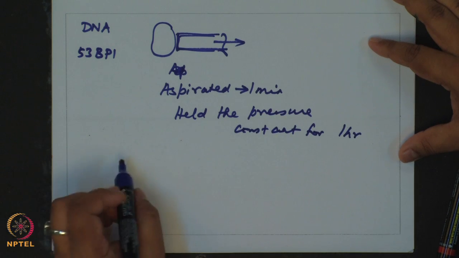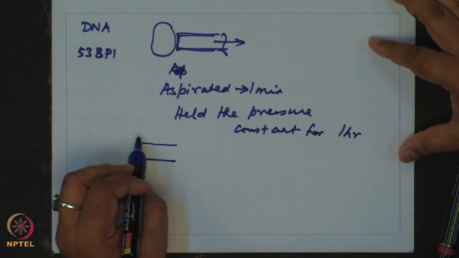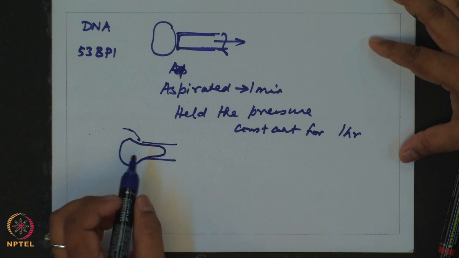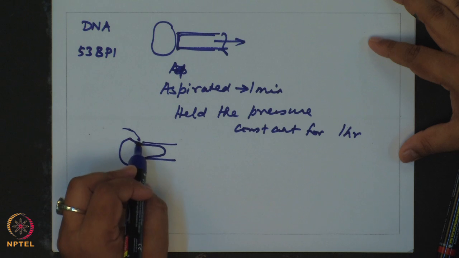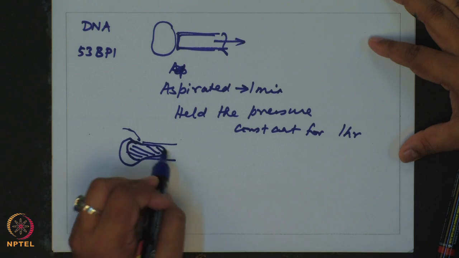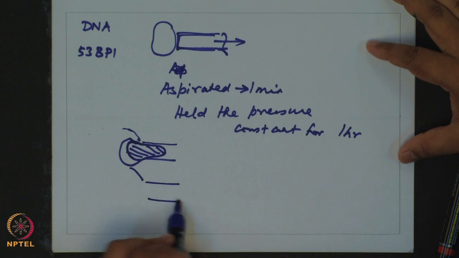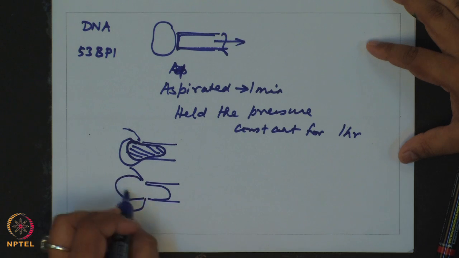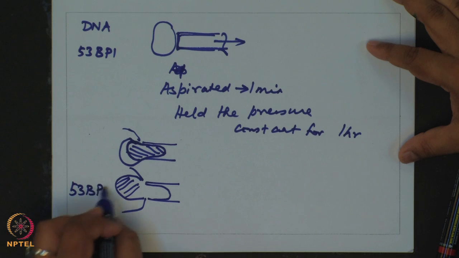And what they found was, after 1 hour, if this was the nucleus outline, most of the DNA was inside, but most of the 53BP1 was outside.